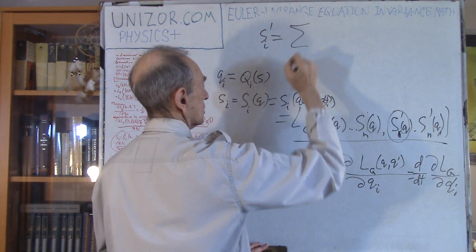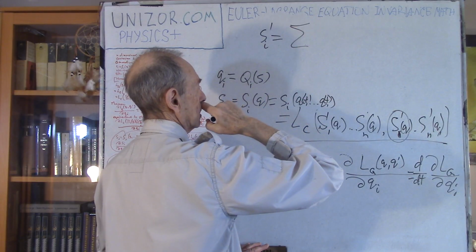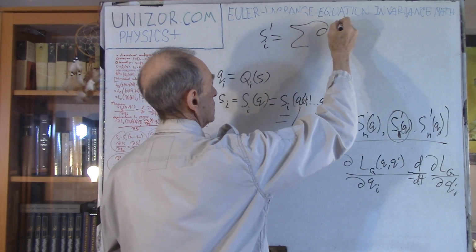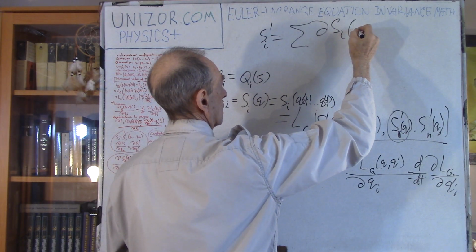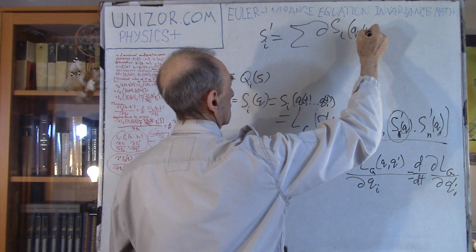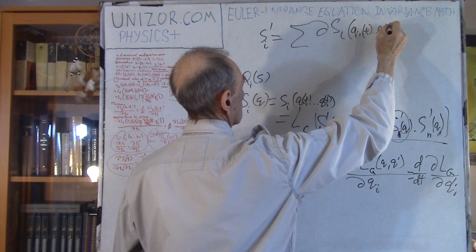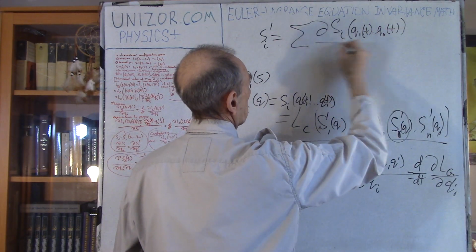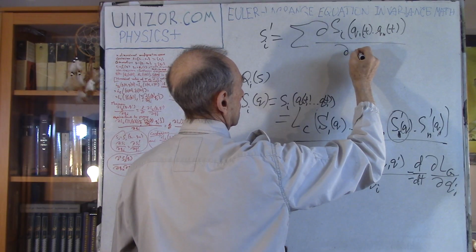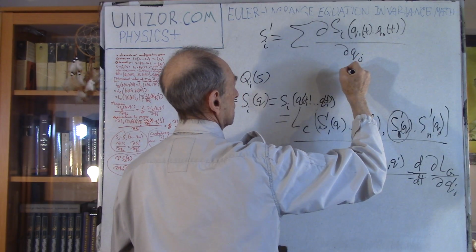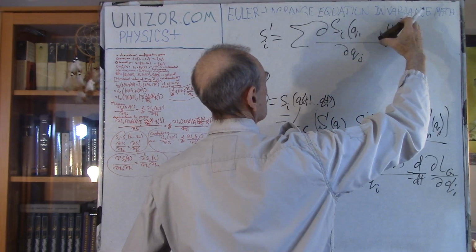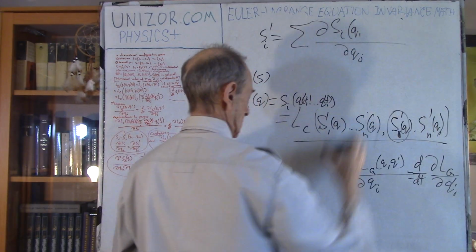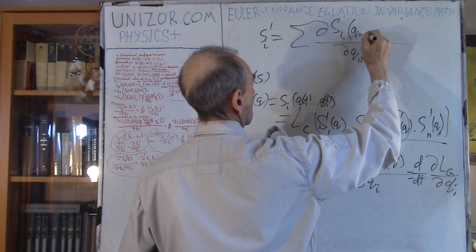That's basically sigma of dS_i of Q1(t), etc., Qn(t) by Qj. I think it would be better if I just skip this by t. It would be a little easier to understand.